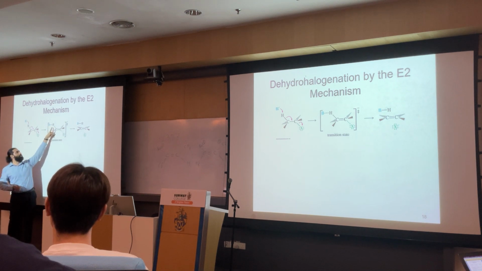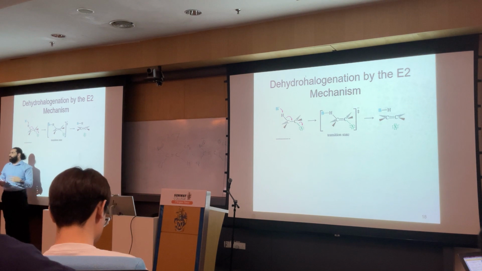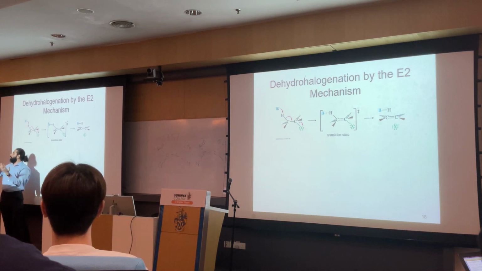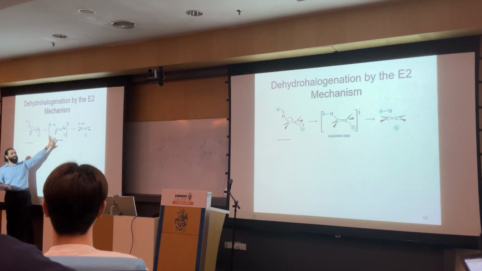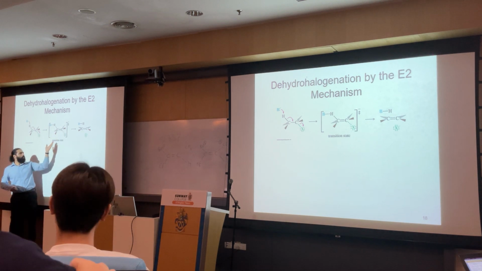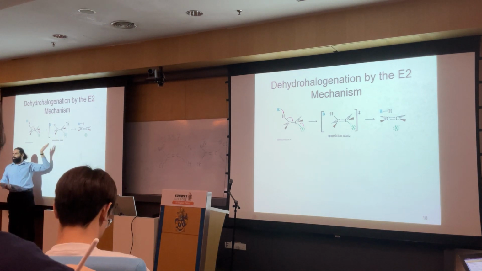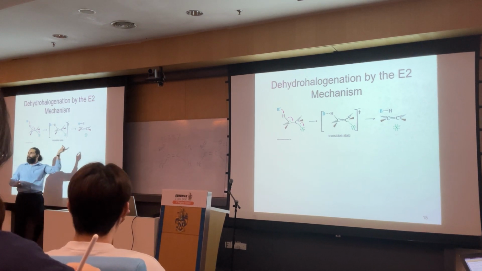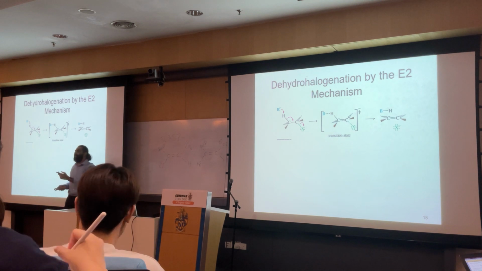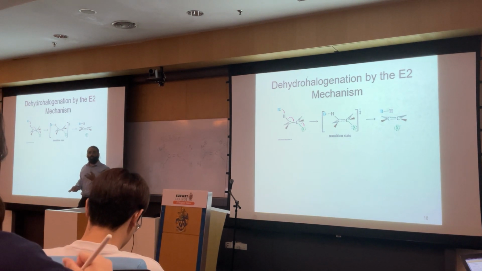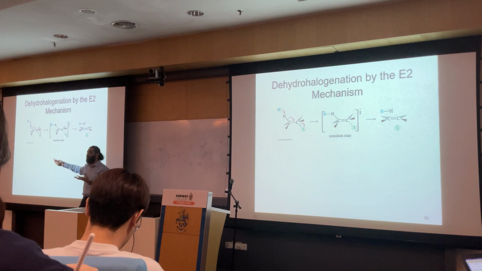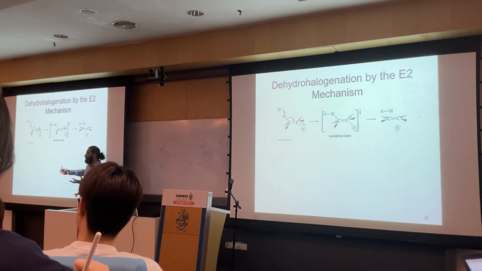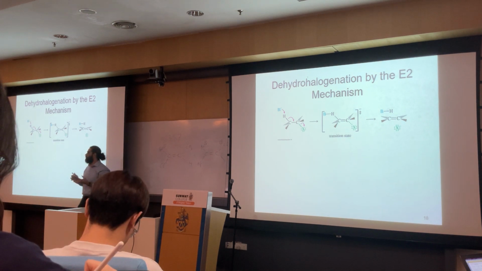That's why we see these dotted lines. So dotted line means bond forming or breaking. So to indicate all this in one step, we call this type of structure a transition state. Remember that in the previous mechanism, when we were talking about free radical mechanism, I used the term intermediate. That free radical is an intermediate. So intermediate is a thing which is actually there and which you can isolate from the reaction and study.